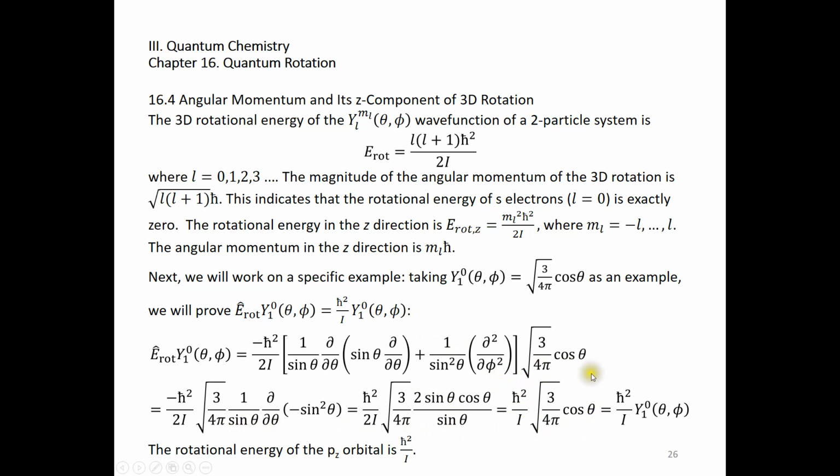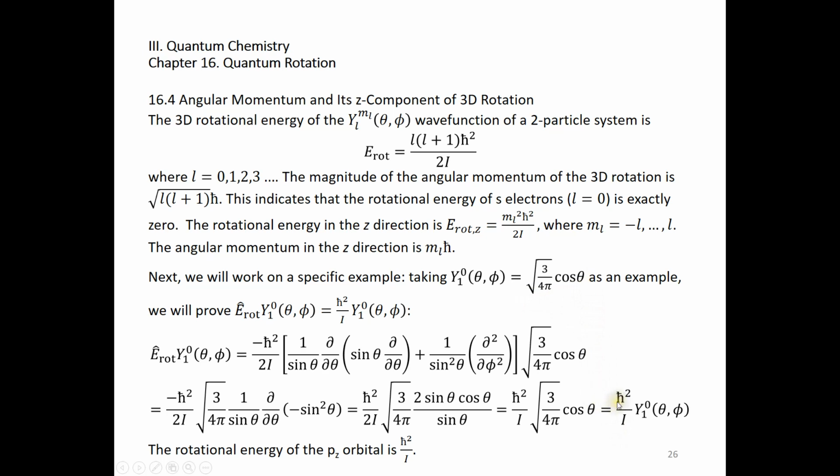And note that this is simply the wave function over here. So when we apply the rotational energy operator to this wave function, we get a constant times this wave function. That constant is the eigenvalue of this function.